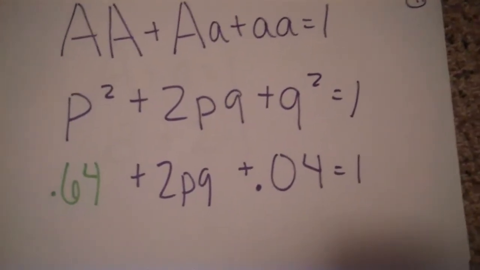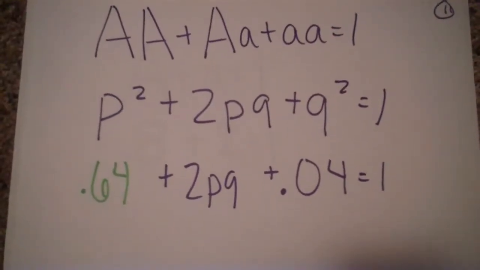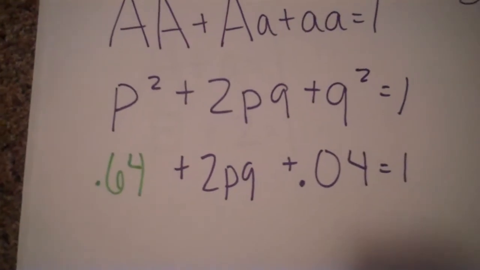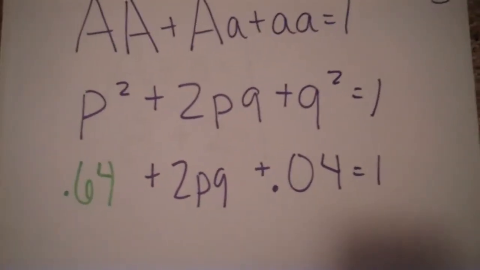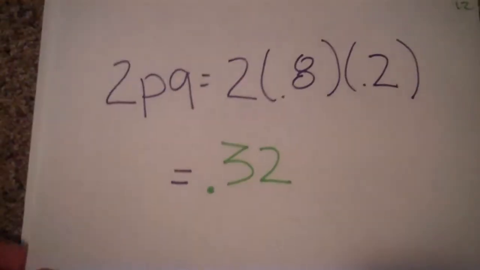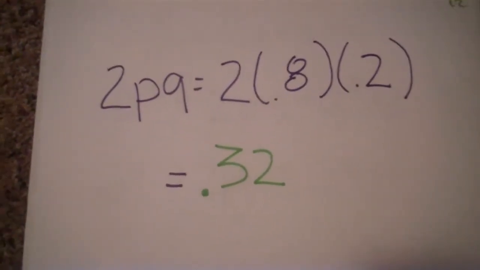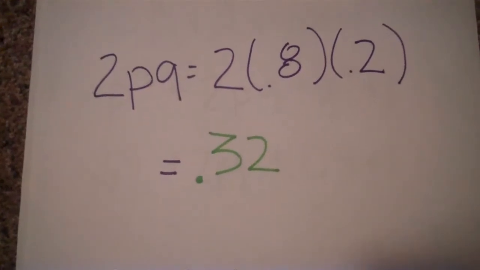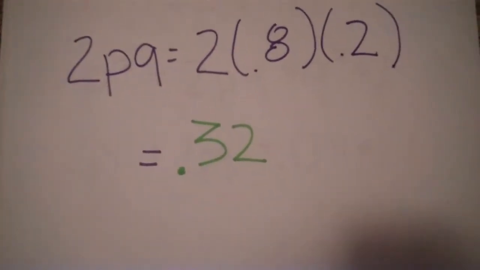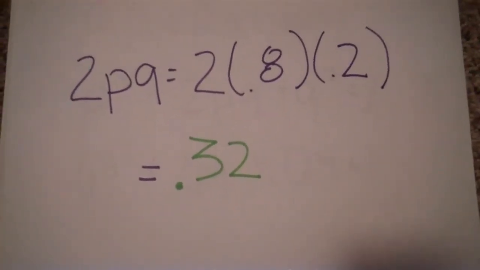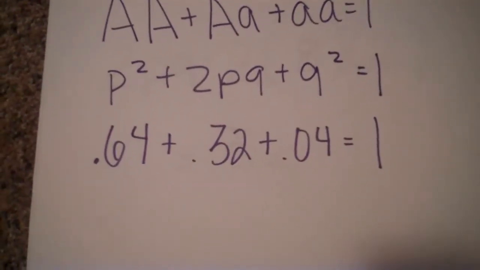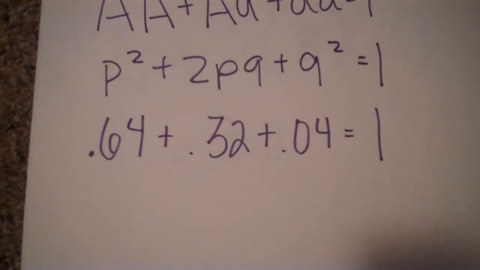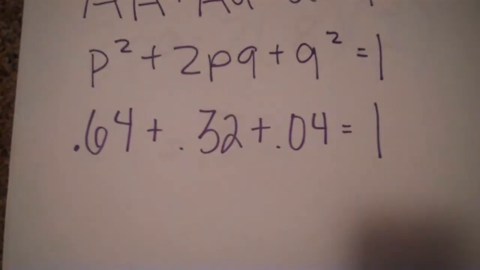And then since we already figured out the values of both p and q, which was 0.8 and 0.2, you can figure out what big A little a will be by taking 2pq, which is equal to 2 times 0.8 times 0.2, which would give you the value of 0.32. And then you can plug in all the values into the equation. So 0.64 plus 0.32 plus 0.04 should equal 1, which it does.